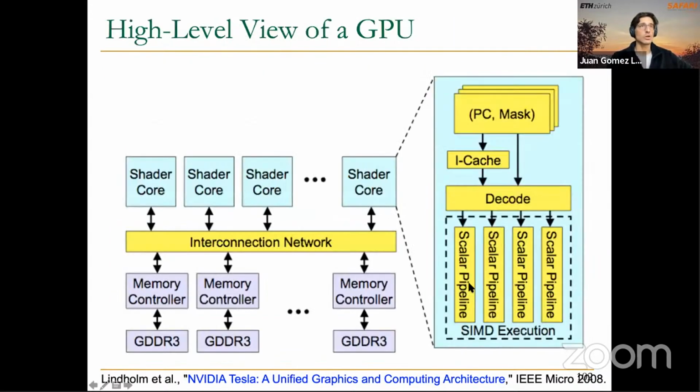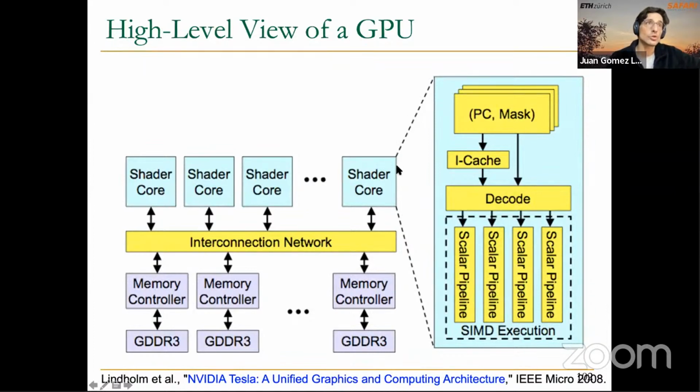As you see, we can take a closer look at this SIMD pipeline. These are the shader cores in this figure, but these are what we normally call GPU cores. In NVIDIA terminology, these are called streaming multiprocessors. By the way, at the end of this presentation, you have one slide clarifying all these different terms.